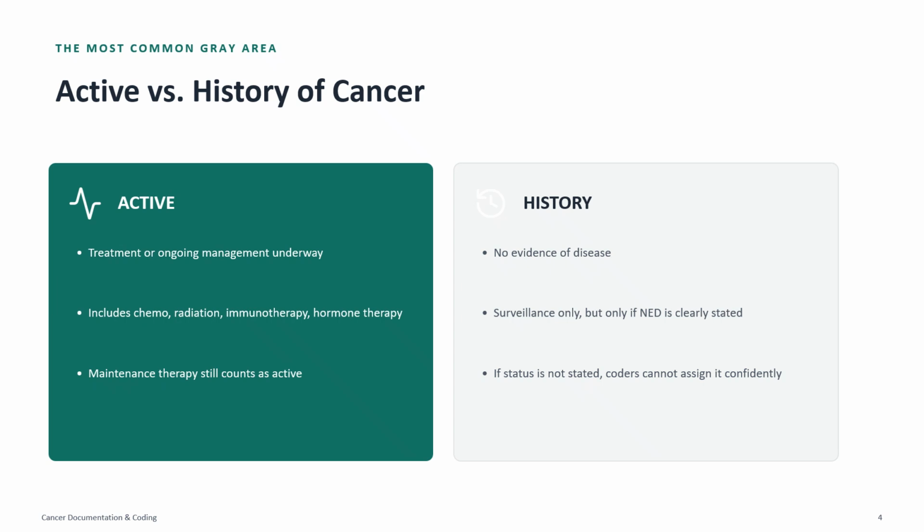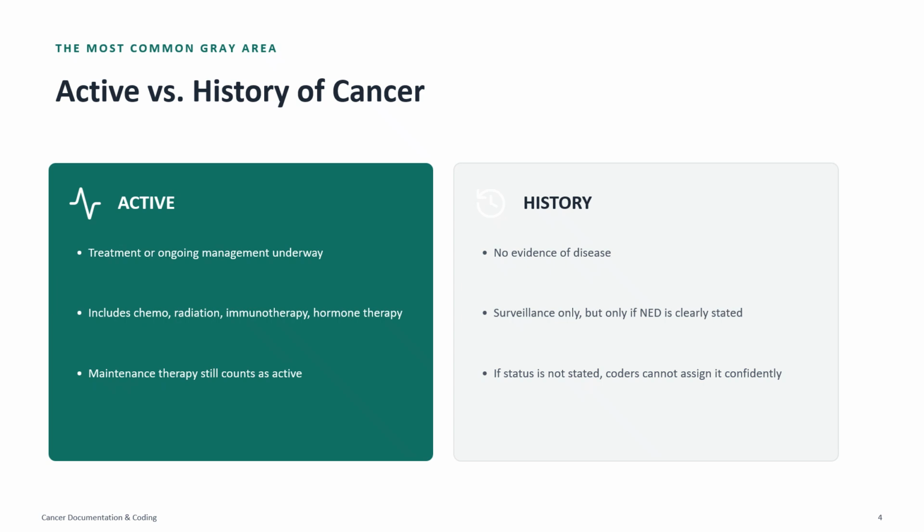Again, touching on active versus history of. This is one of the most common problem areas that I see in chart reviews. Active cancer includes anyone receiving treatment or still under active management. That would cover chemotherapy, radiation, immunotherapy, and hormone therapy. A history of cancer means no evidence of the disease and no active treatment.